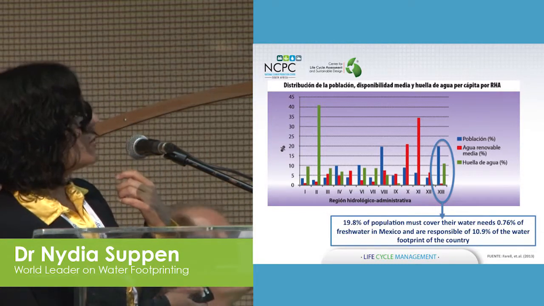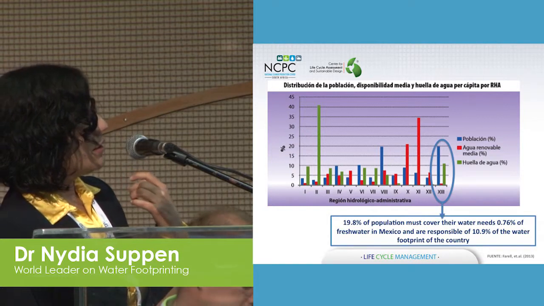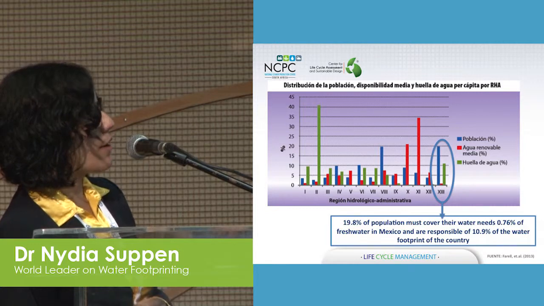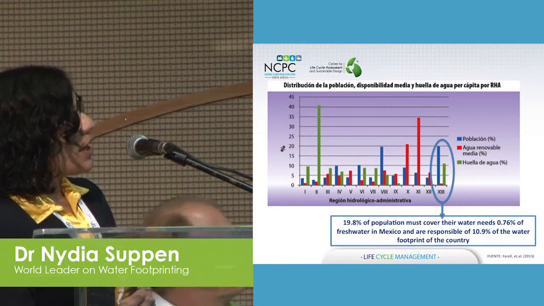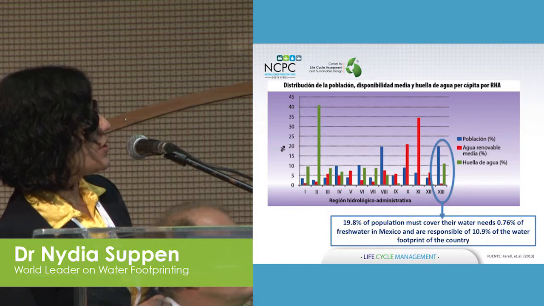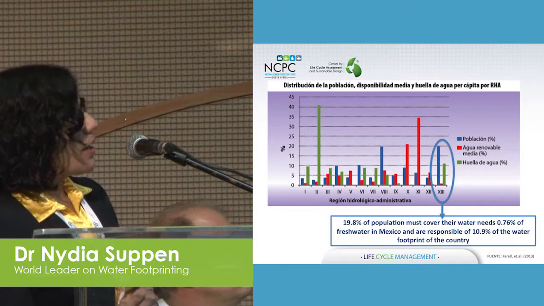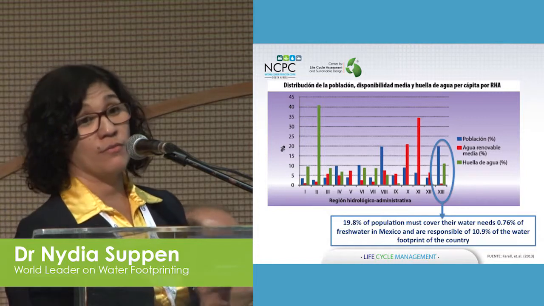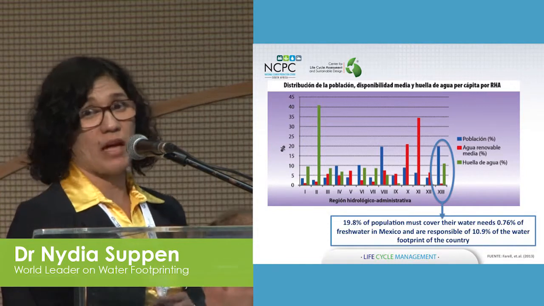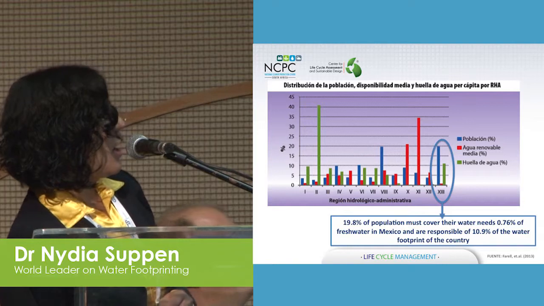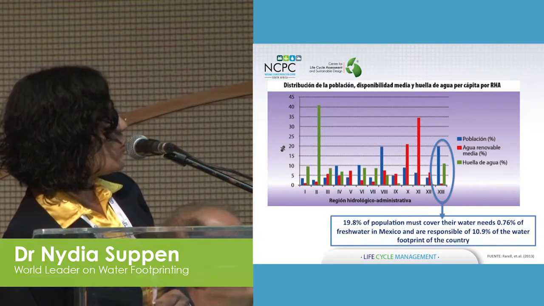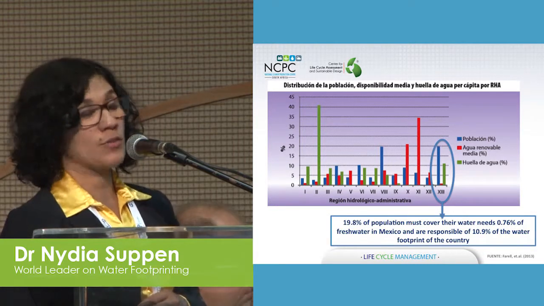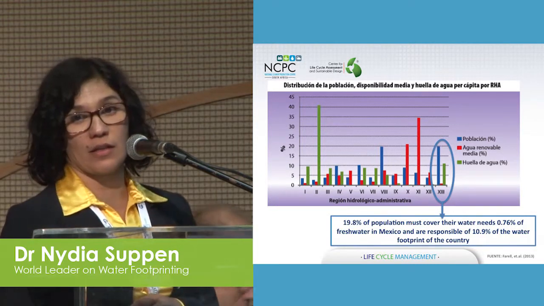You have population, you have the percentage of average renewable fresh water, and then you have the water footprint, which is the green that you see here. And you could see, for example, the last region is the region of Mexico City, which was like 100 million people living there. So 20% of population, more or less, must cover their water needs with 0.76% of the fresh water in Mexico.